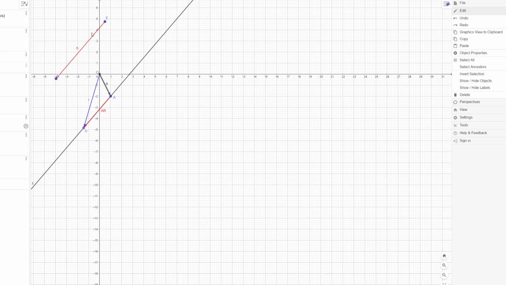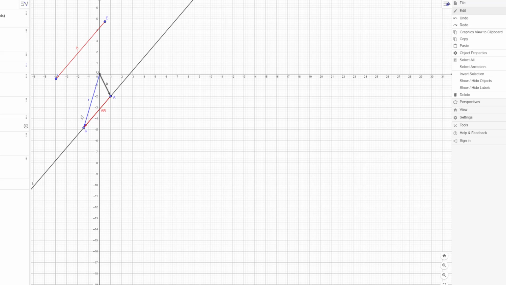And the vector B has the point (-1, 3), and you find the direction from E to F. So these two lines are parallel. The red line AR is parallel to the vector B.